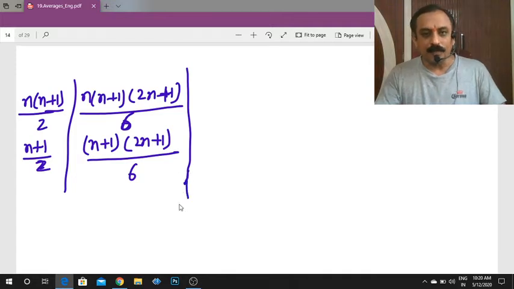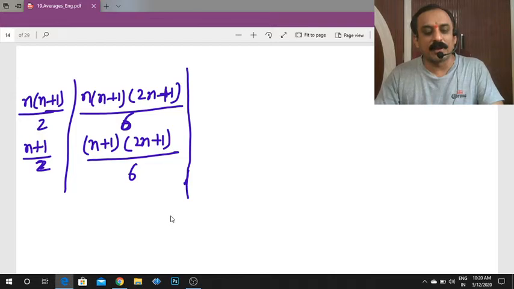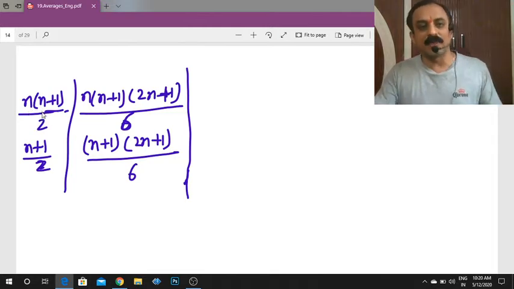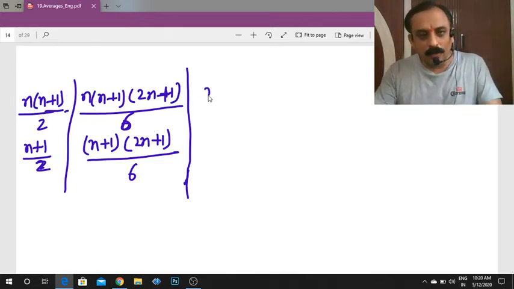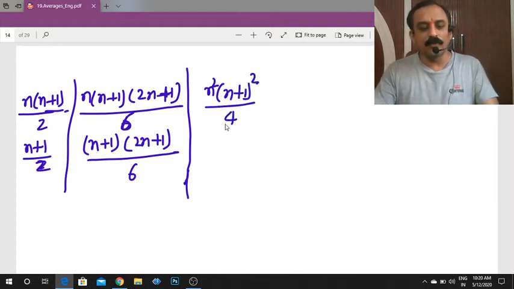Now, what is the sum of cubes of the first n natural numbers? It is the square of the sum of the first n natural numbers, which is n into n plus 1 by 2. So the sum of cubes is this value whole square, so n square into (n plus 1) whole square by 2 square, which means 4.